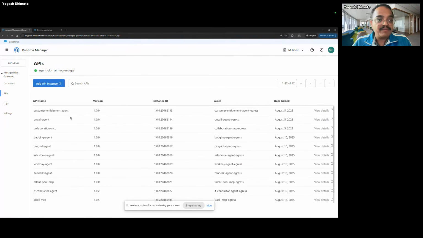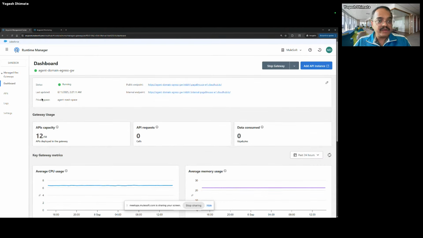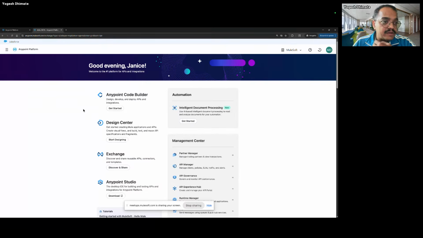And to actually manage policies on these agentic assets, she needs to go to API Manager here. She looks at the Flex Gateway configuration, looks at different metrics such as API capacity, average CPU usage, memory usage, etc. But ultimately, what she wants to do is apply policies to these agentic interactions.